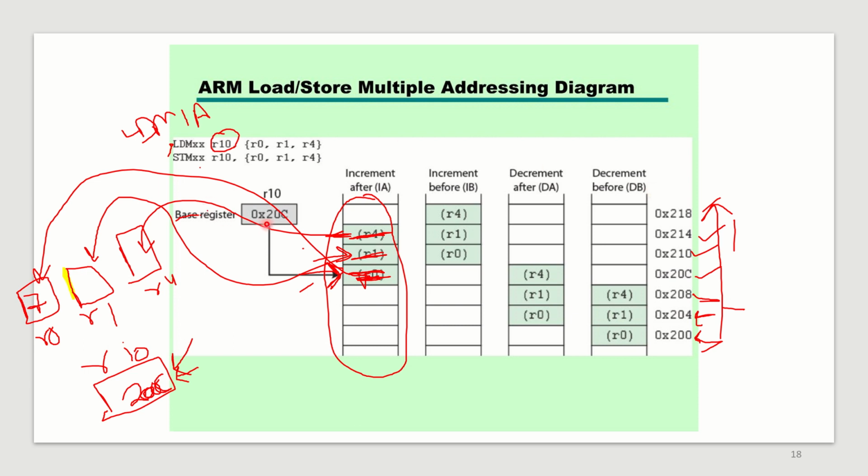So R10 is storing 20C, you decrease by 4. So you'll get this. This is going to be stored into R4, then again decrement, then this is loaded into R1, then whatever the value is here, this value is going to be stored into R0. That is multiple addressing, multiple load and store. Similarly, you can understand STMIA, STMIB, STMDA, STMDB.